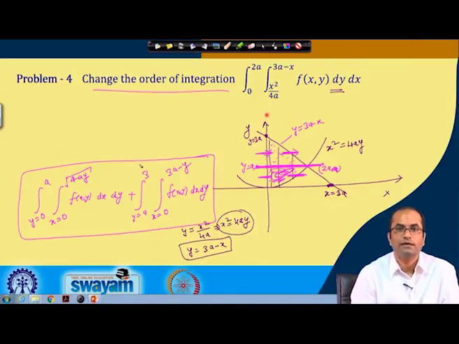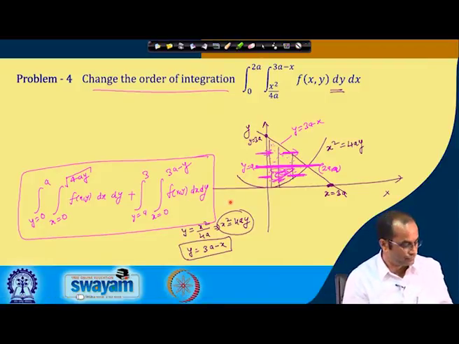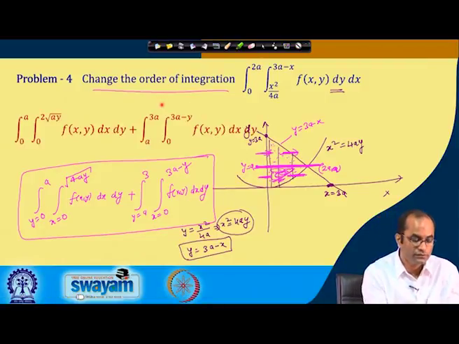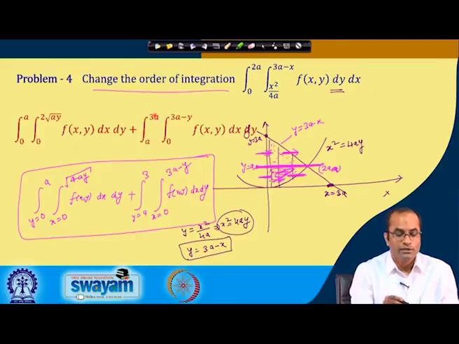That is the reason we have to break the integral into two parts. So, this is the result which we have written already, y from a to 3a and x from 0 to 3a minus y.